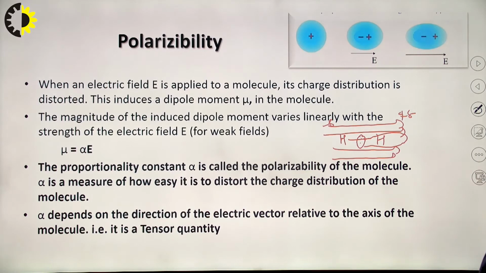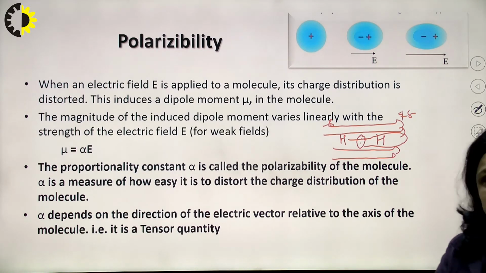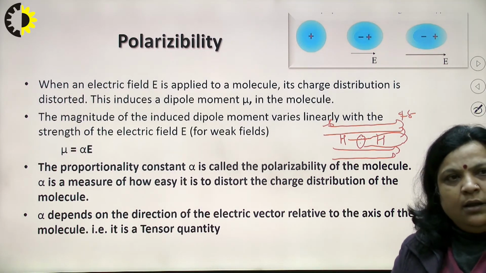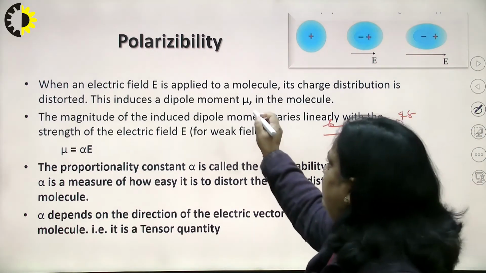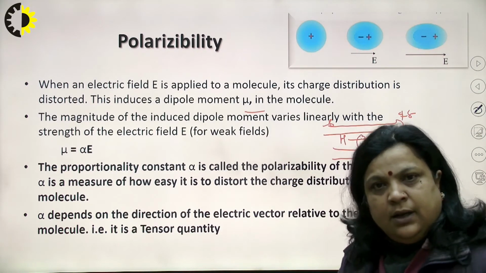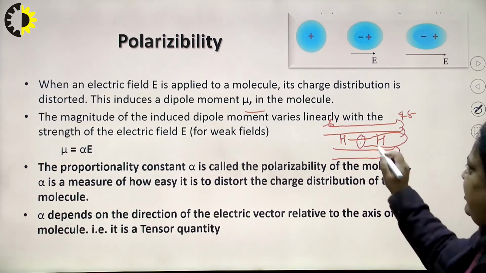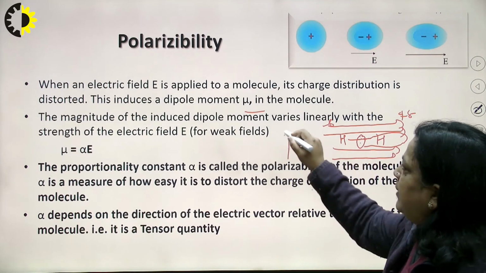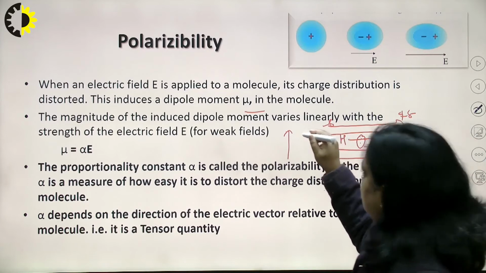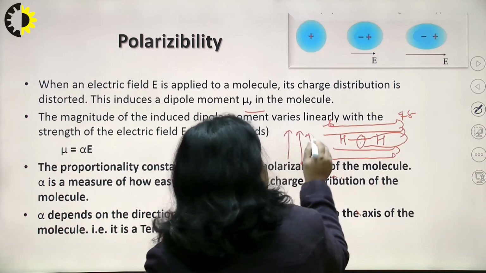When an electric field E is applied to a molecule, its charge distribution gets distorted, and this induces a dipole moment mu in the molecule. And suppose we apply an electric field not parallel but in a perpendicular direction like this, and this is a molecule.